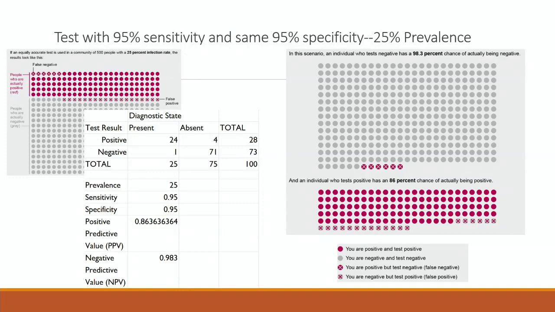Moving over to the chart on the right, at the bottom of that chart are all the red circles. If you tested positive, you have an 86% chance of actually being positive because there are some false positives in this situation. And if you tested negative, all the gray circles on the top, you've got a 98.3% chance of actually being negative.